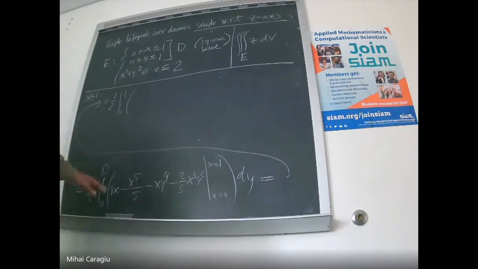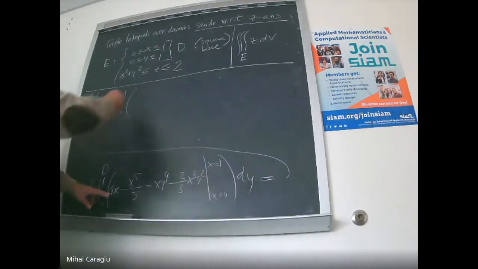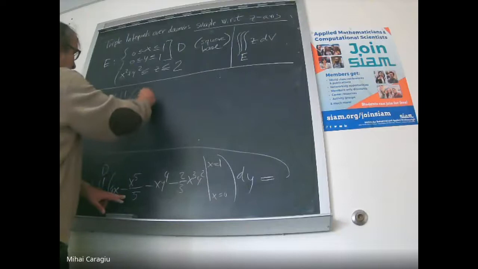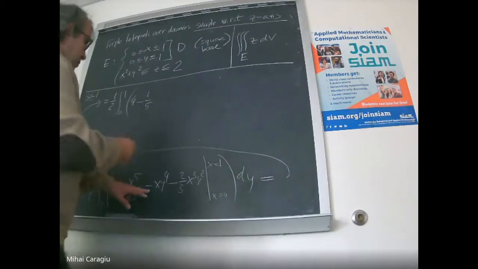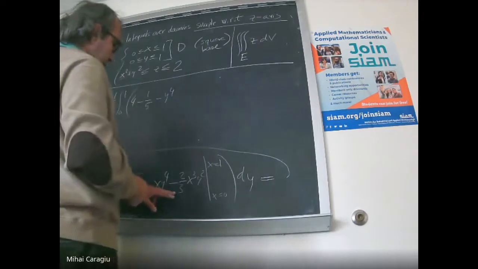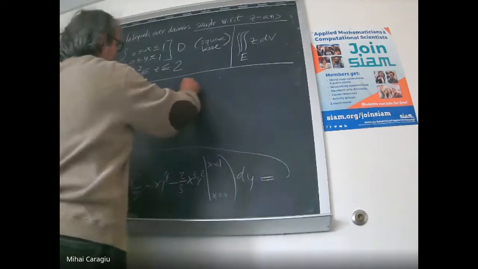So when x equals 1, we'll get 4 minus 1 over 5 minus y to the power 4 minus 2 over 3 y squared.